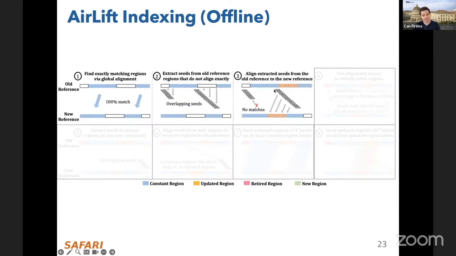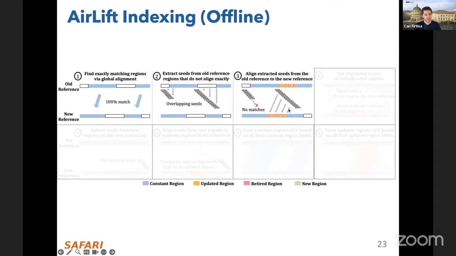Whenever there is an alignment, then we can tell that the 2 regions that have many aligning seeds to each other should be highly similar to each other. Although they are not exactly matching, they are highly similar, so we label them as updated regions because they only incur slight changes between them after the alignment score.